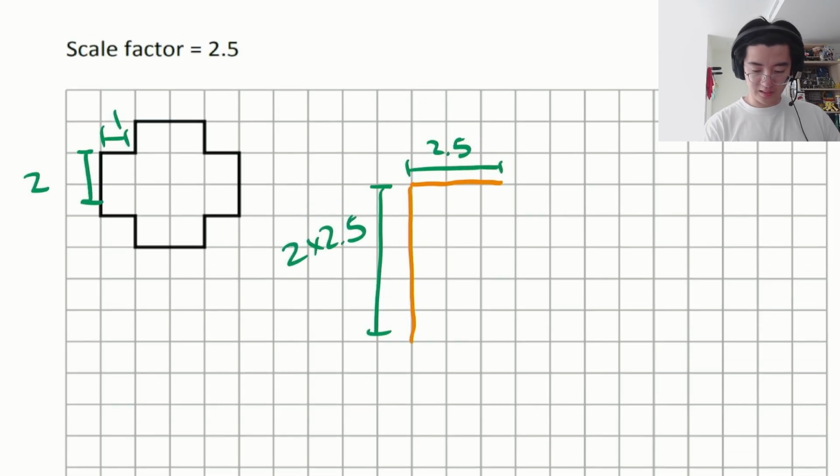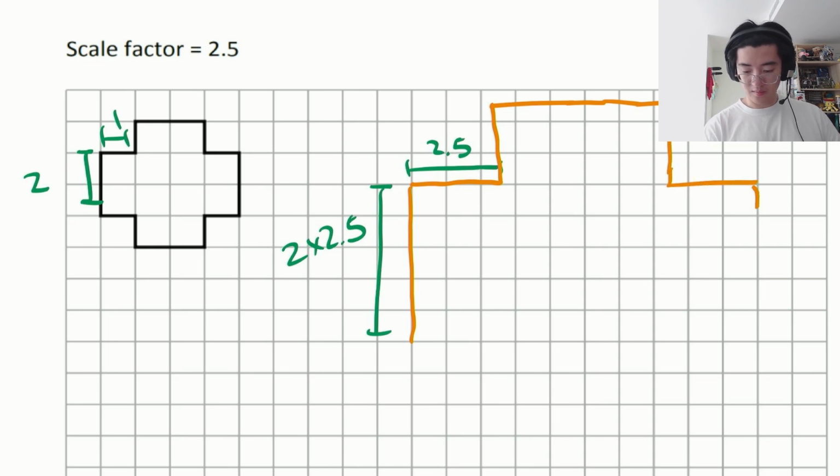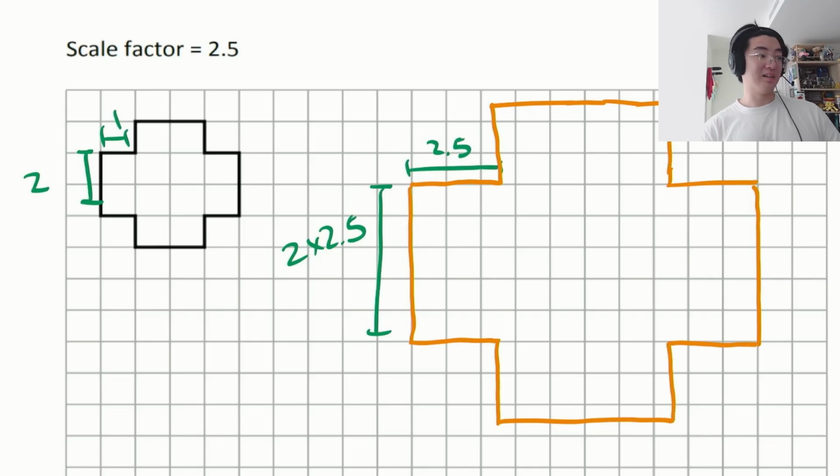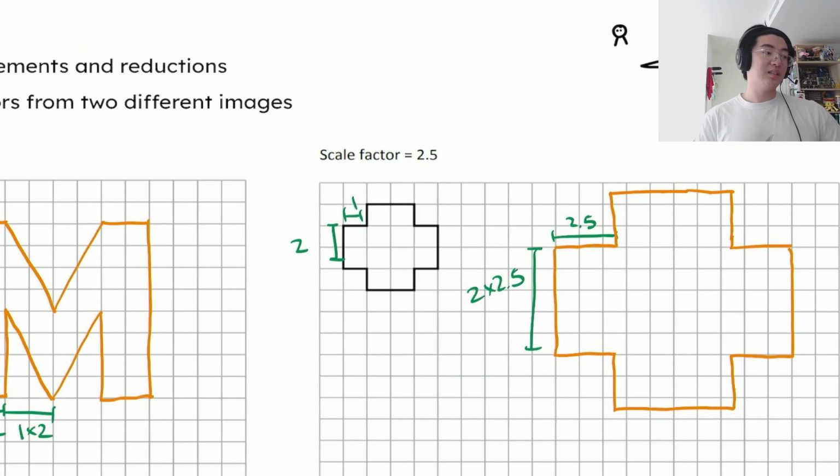Then we just continue on this shape. So it's around here. And then we go 5 spaces up there again, so 1, 2, 3, 4, 5. Then 2.5 down here. Just like that. And so every single measurement is multiplied by the same number.